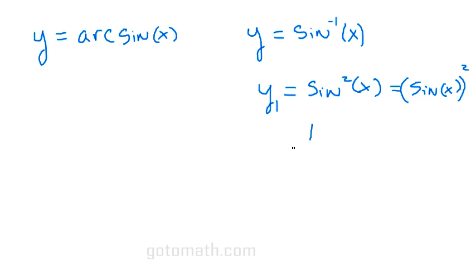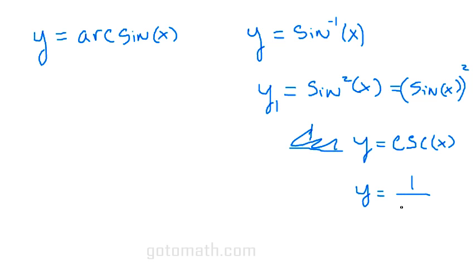However, a minute ago we were finding the derivative of cosecant. We had y is equal to cosecant x, and I wrote this as 1 over sine x. Both the same thing.